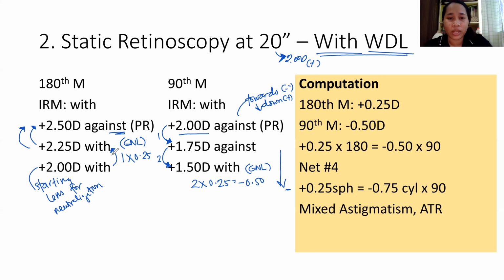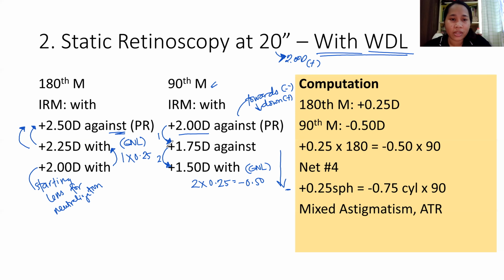So you only count the click towards the GNL. Here in the 90th meridian, we started at plus 2, the with IRM now becomes against. So meaning you are already in the point of reversal, but you are not sure if it's the real point of reversal yet. Right? So from plus 2, you went down to plus 1.75 and still against. So you are not there on the last with movement.